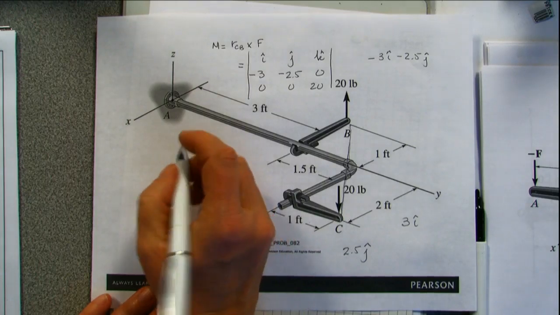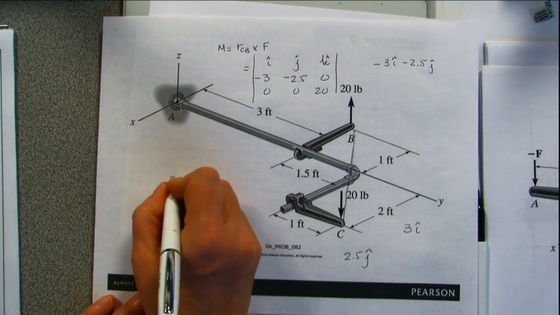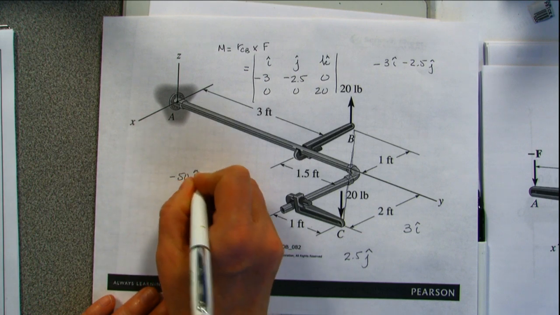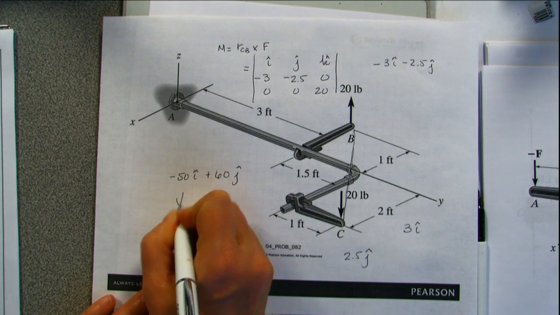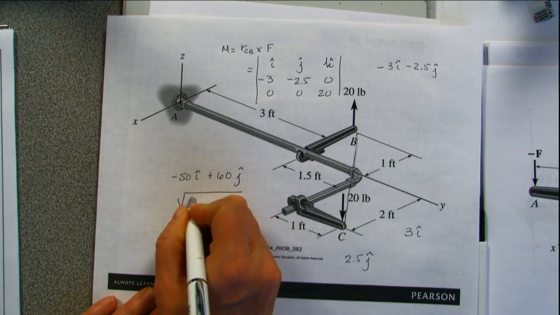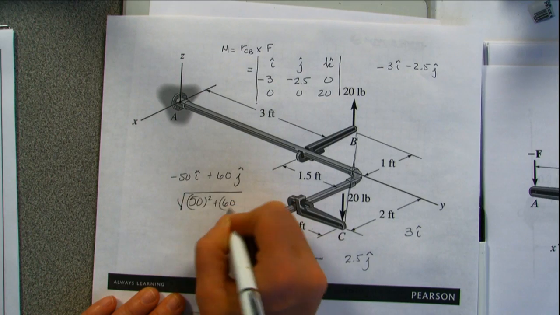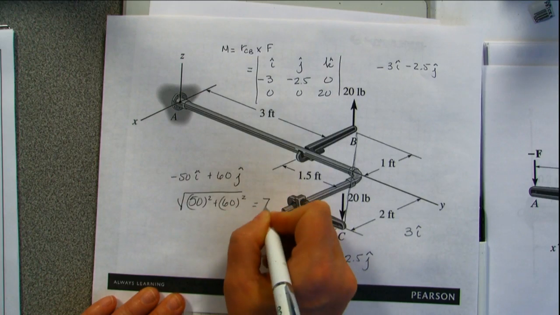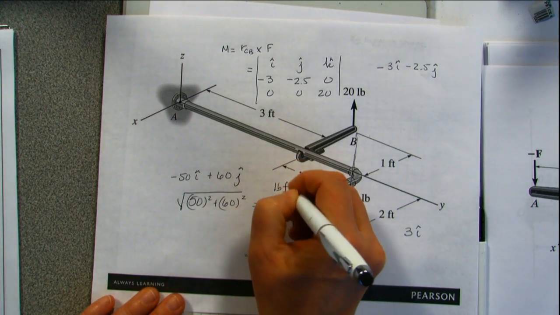And then I will get minus 50I plus 60J. And then that's just the square root of 50 squared plus 60 squared. That's going to equal 78.1, and that's pound feet in this case.